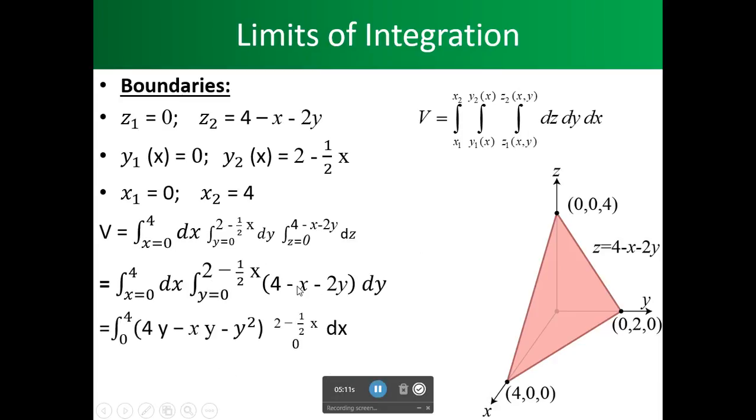To do that, we get 4y, and we get just a y here because x remains a constant, minus xy. And we take this squared and multiply by 1/2 and we get minus y squared, going from the limits 0 to 2 minus 1/2 x.